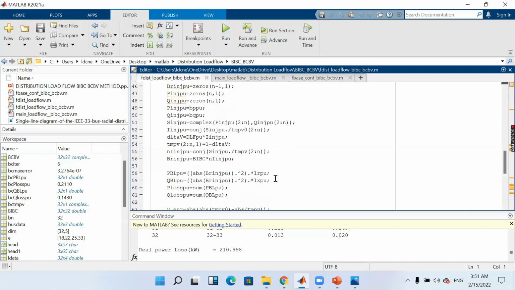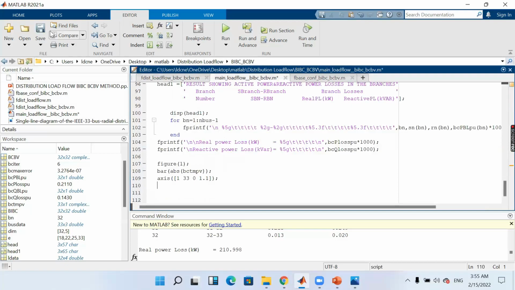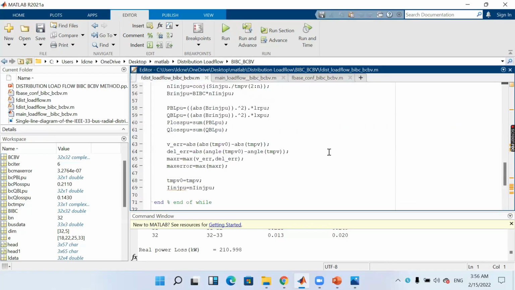And we have to calculate the error. Since the voltage obtained here is in complex form, while calculating the error we have to calculate the error in magnitude as well as the angle. By using the absolute function, that is ABS, we have calculated the error in magnitude.